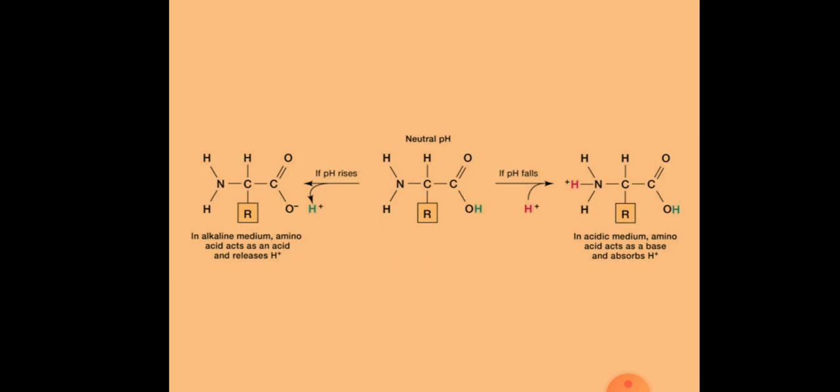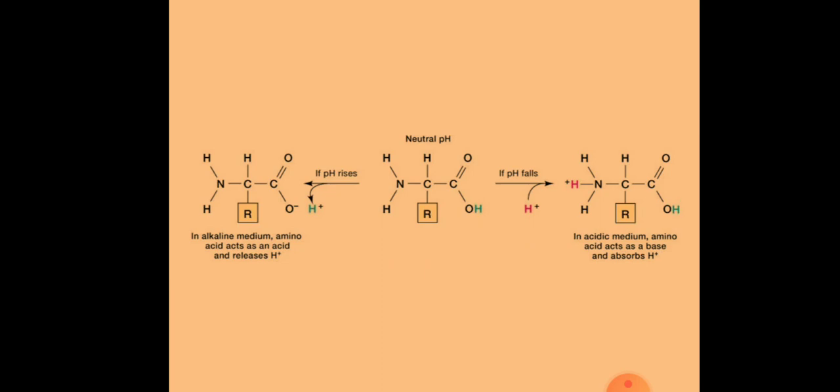This COOH group acts as an acid and donates its H plus. And if the pH falls, that is in case of acidic medium, the excess H plus can be accepted by the NH2 group. So that is how an amino acid behaves as a buffer.